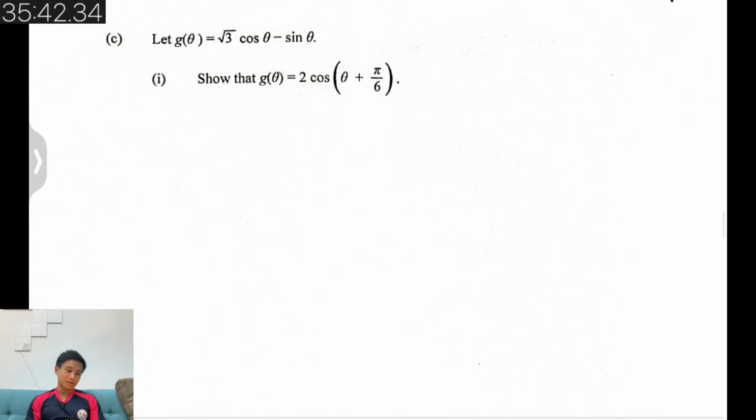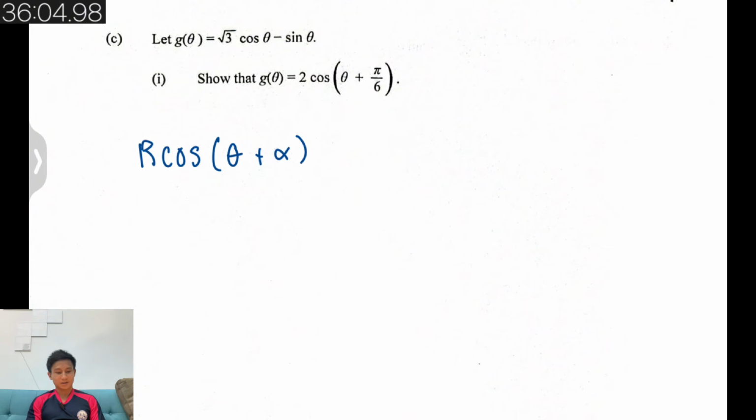Part C. Let g theta be that. Show that g theta is that. All right. So this is called harmonic form. Okay. So we're going to put this to r cos theta plus alpha first, because I'm just looking at this form here.